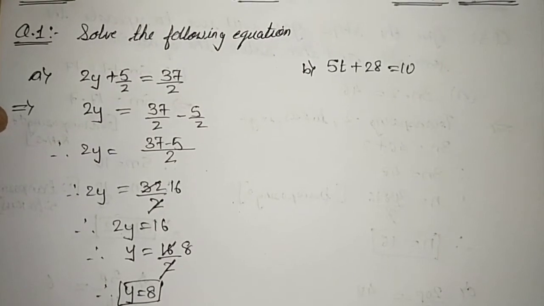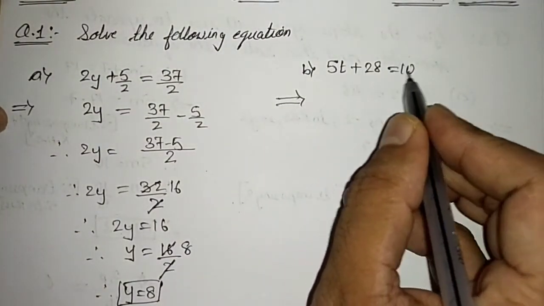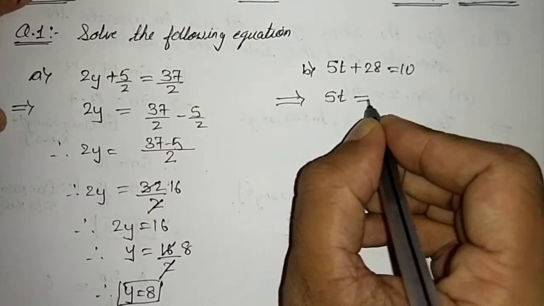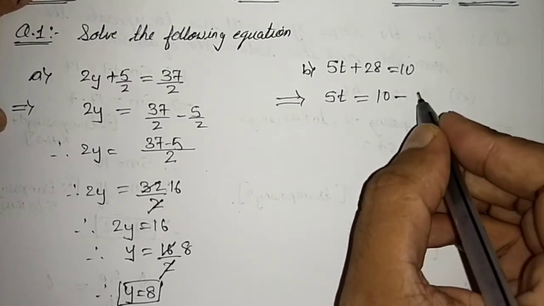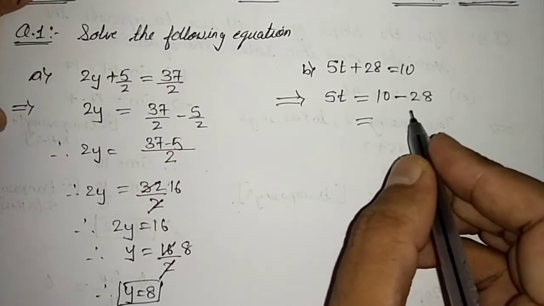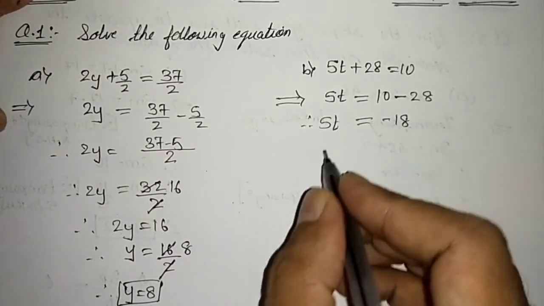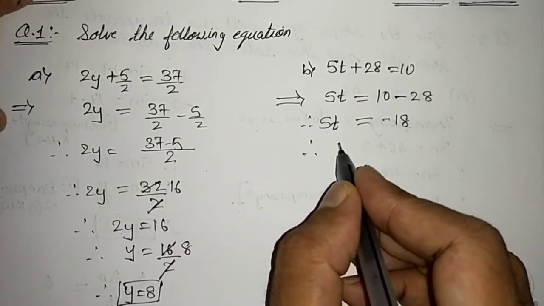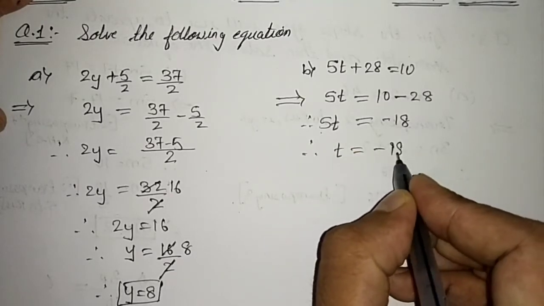Now moving to part B, 5t plus 28 is equal to 10. 5t we will keep as it is, plus 28. If we move that side, that means we transpose that side, it will go that side and subtract. So we will get 10 minus 28 will be minus 18. 5t is equal to minus 18. 5 which is in multiplication with t, we will transpose it, therefore it will go and divide in RHS.